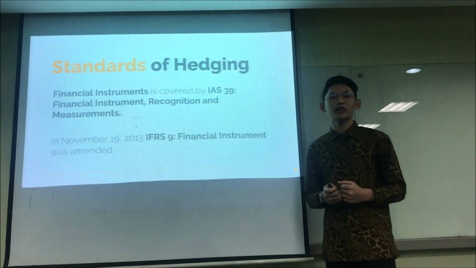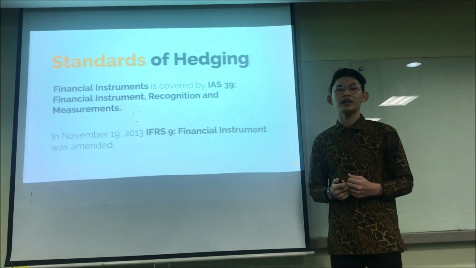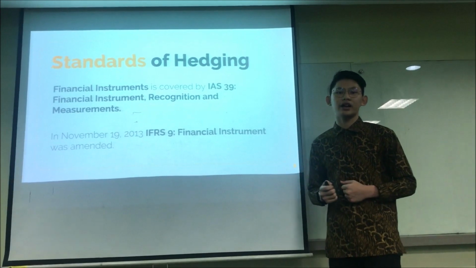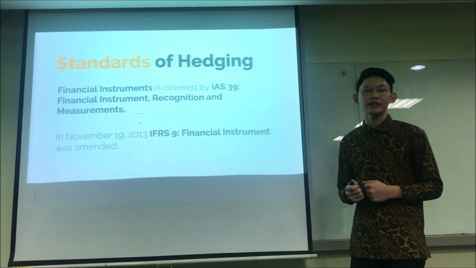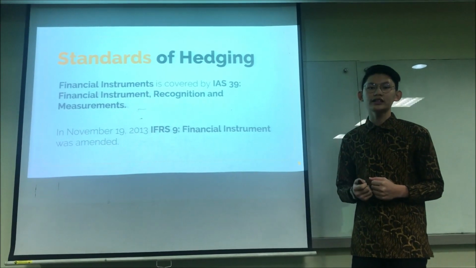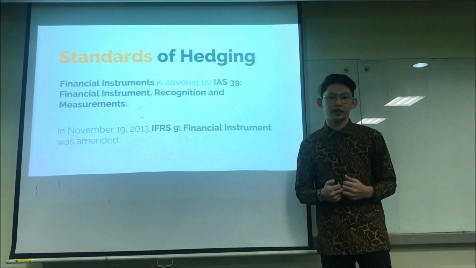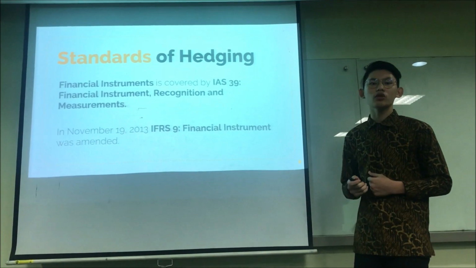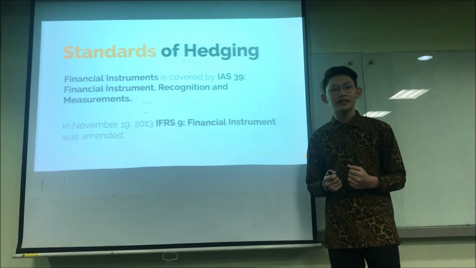Previously, accounting for derivative financial instruments under international accounting standards was covered by IAS 39 or PSAK 55, which discuss financial instrument recognition and measurement. However, hedge accounting rules in IAS 39 are too complex and strict.